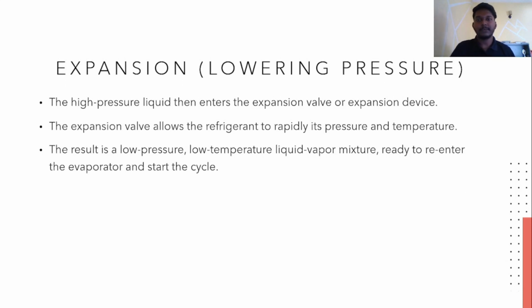The last one is expansion, lowering pressure. The high pressure liquid then enters the expansion valve or expansion device. The expansion valve rapidly lowers the refrigerant's pressure and temperature. The result is a low pressure, low temperature liquid vapor mixture ready to re-enter the evaporator and start the cycle back.